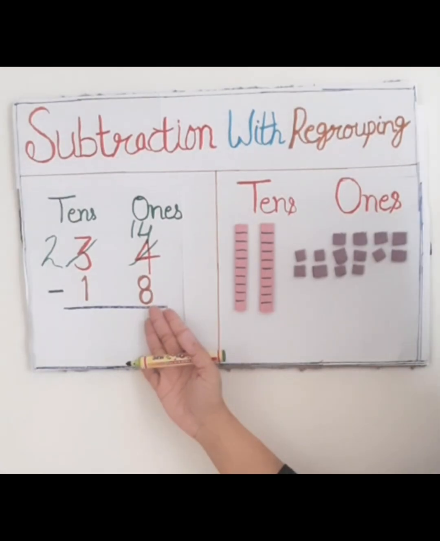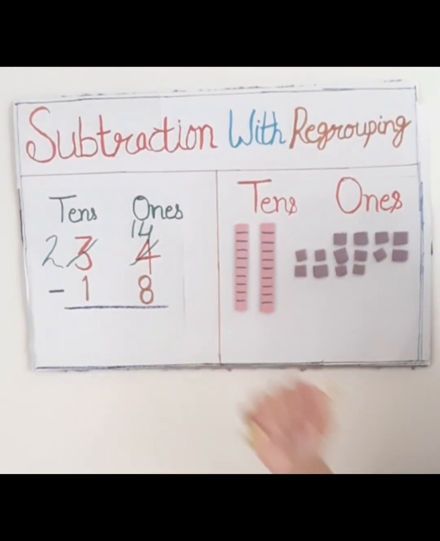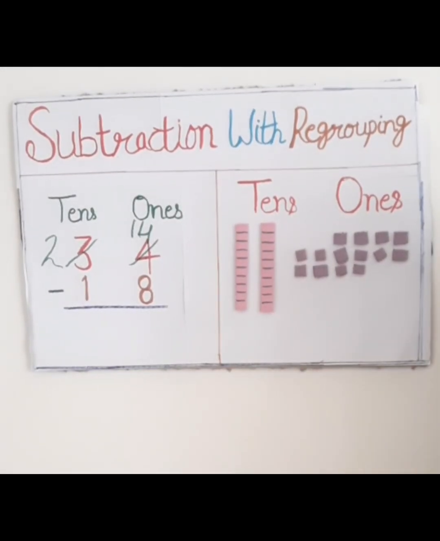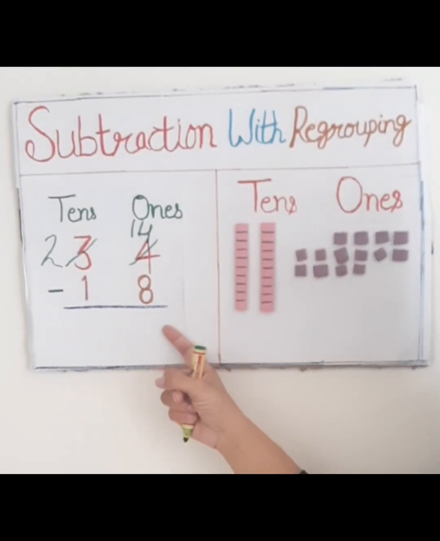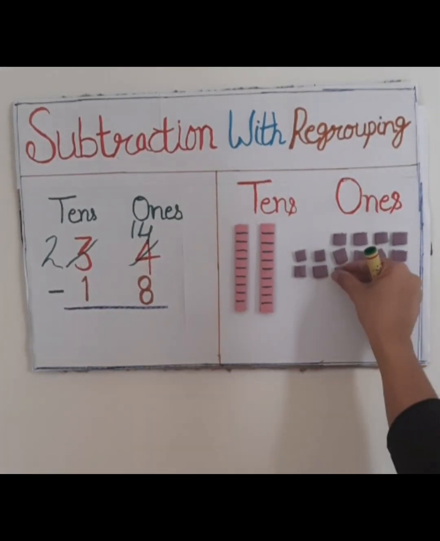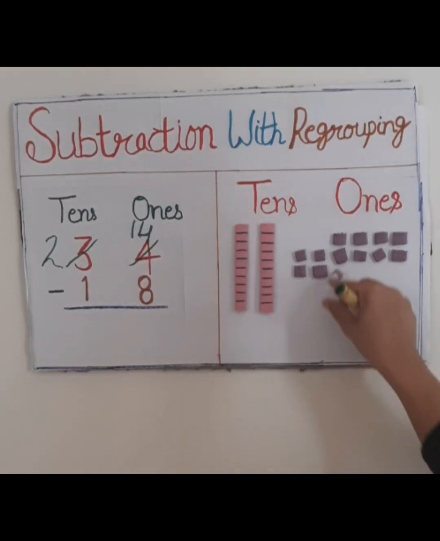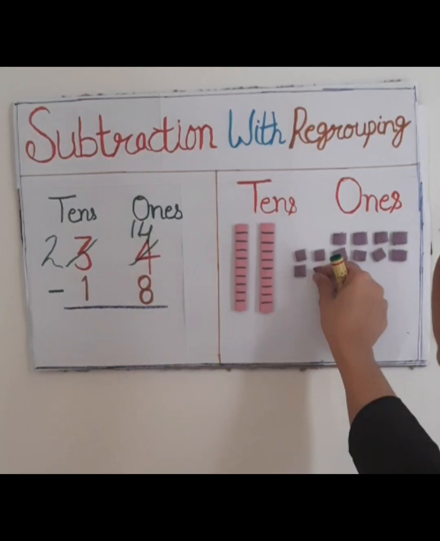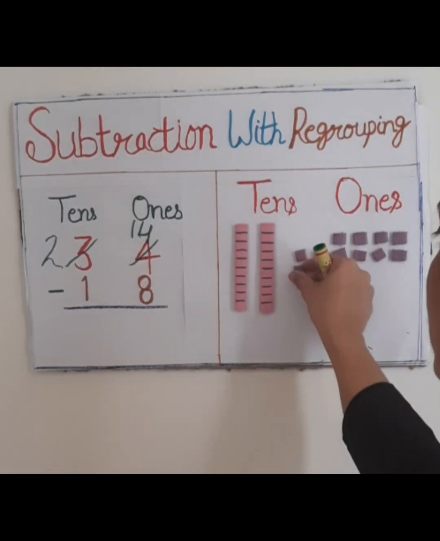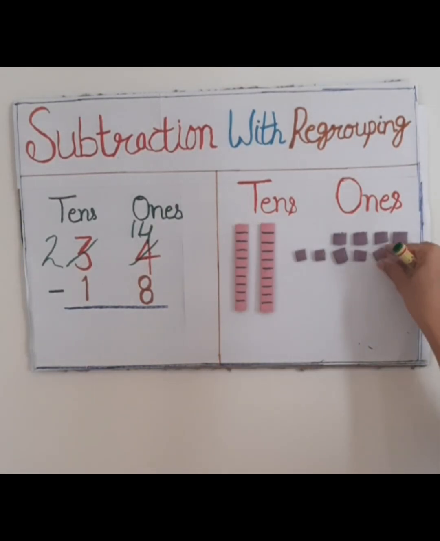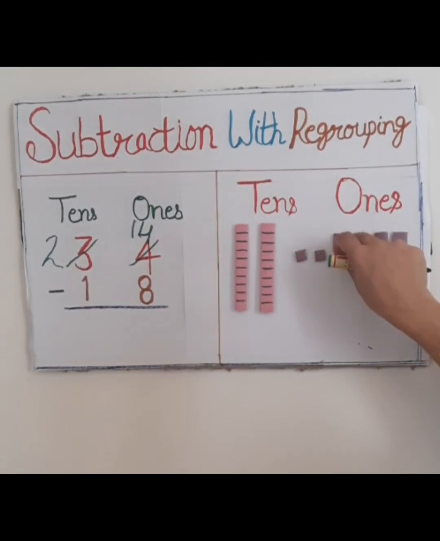Now kids, you can easily subtract 8 from 14. Okay. So what will I do? I will remove these 8 ones from 14 ones. Then we will check how many ones are left with us. Okay. So I will remove 8 ones from here. 1, 2, then 3, 4, okay, 5, 6, 7 and 8.